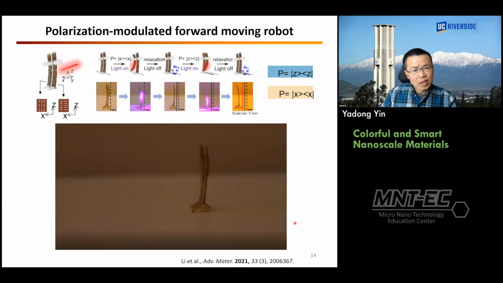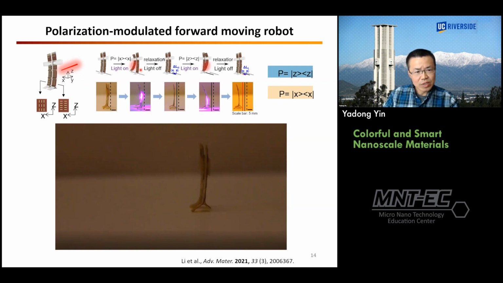Okay, so I'll skip all those details, just tell you that in this case, we can make a robot out of these kind of materials. And the beauty here is that we can control the orientation of the nanorods in the legs of this robot, one leg with vertical orientation, the other leg with horizontal, and then they respond to light differently.